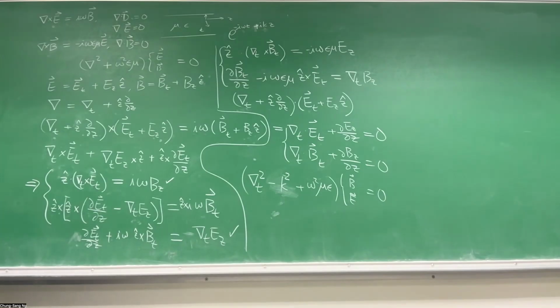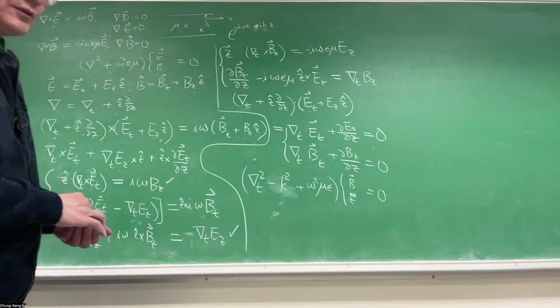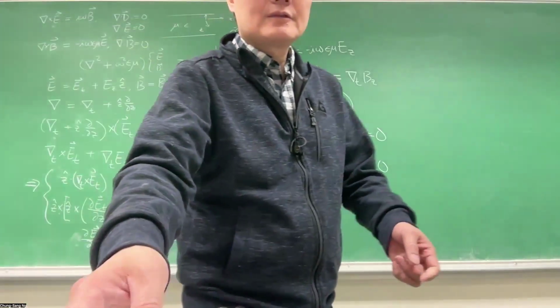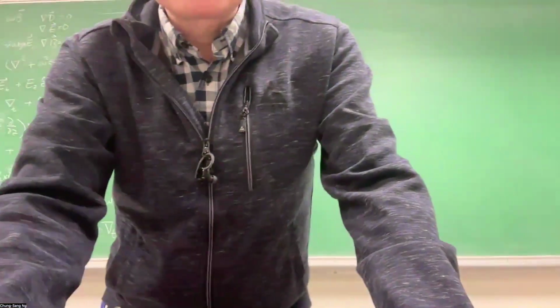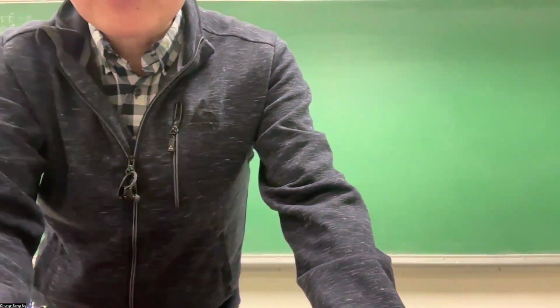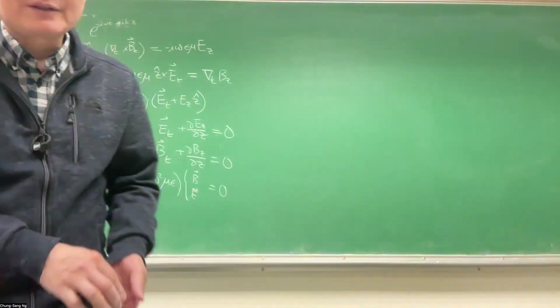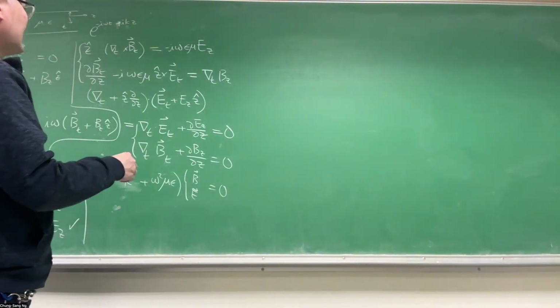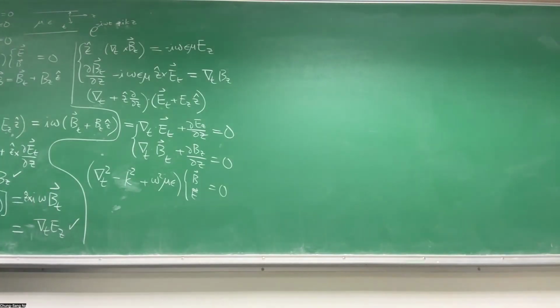It's basically E sub t equals something that involves E sub z and B sub z, and likewise for B sub t also. So we'll do that. We need some space to work on the equations.